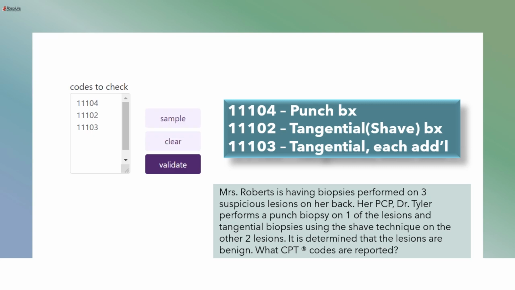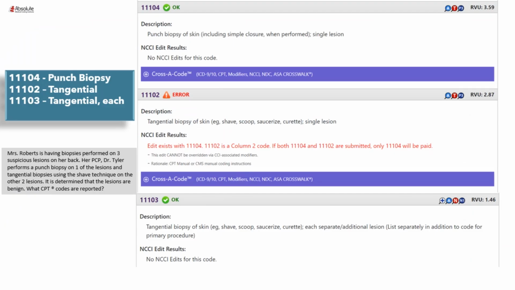So if I place those codes in my editor and then I click on validate, we're going to check these out. So 11104 and 11103 look like they are okay. There are no NCCI edits for those codes.